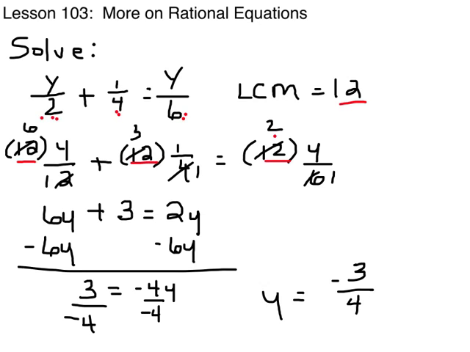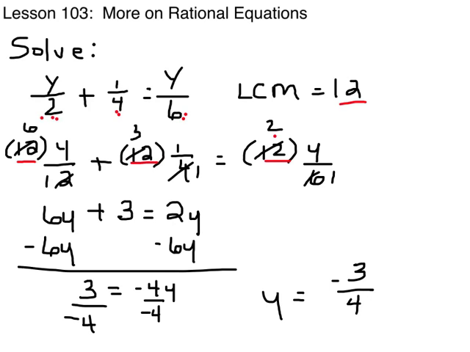Now we have this into something that appears much more manageable and much more familiar to you. We have 6y plus 3 equals 2y. We simply need to move this 6y so that we get it on the other side with the other y term. So we'll subtract it from both sides, and we're left with 3 equals negative 4y.